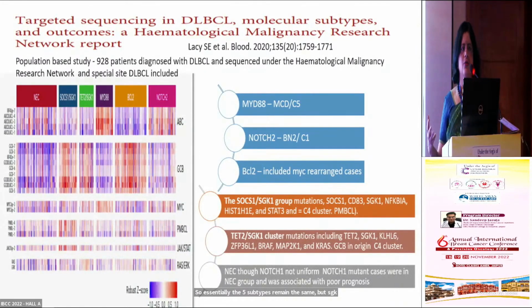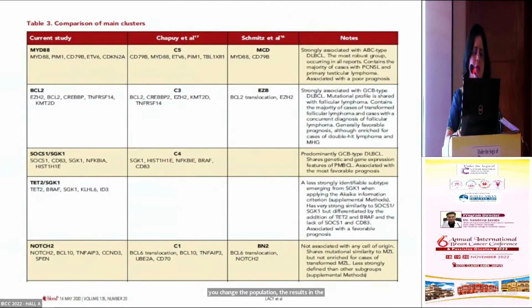So what did it tell you? That when you change the population, the results in the classification vary. And this is a comparison of all these 3 studies. You see the MYD88 group in the Lacy's algorithm is C5 by Chapuy and MCD by Schmitz. The BCL2 EZH2 group is, they're such tongue twisters. I feel they're always confusing.